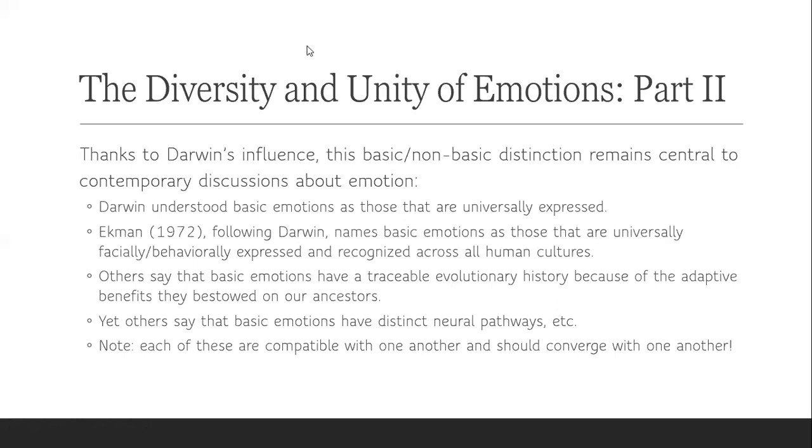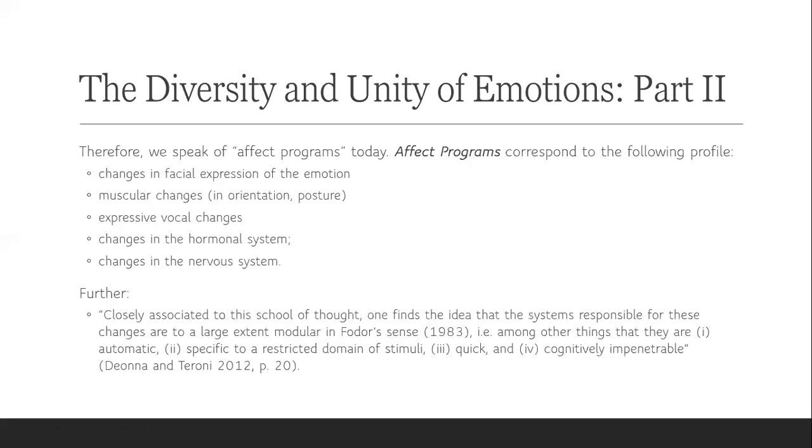These all work together, perhaps, to separate basic from non-basic emotions. For that reason, we talk of affect programs today. Affect programs would involve universally recognizable facial expressions and behaviors, an evolutionary history, and neurological profiles, right?